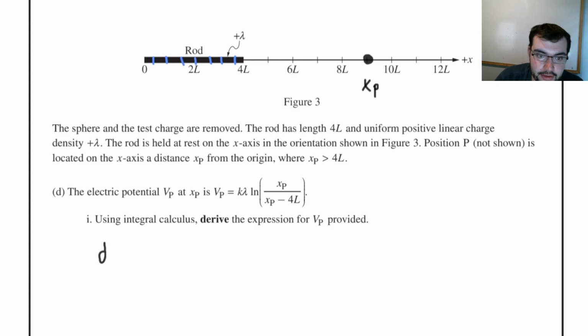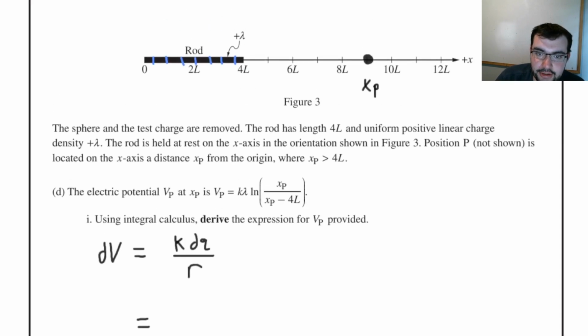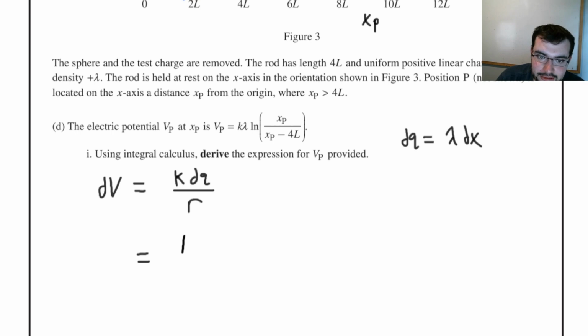So we know that a tiny piece of the potential is equal to k times the tiny chunk of charge divided by the distance to the point in question. And since we're dealing with a nice linear charge density, dq is just lambda times dx. So we can just do that common replacement here.